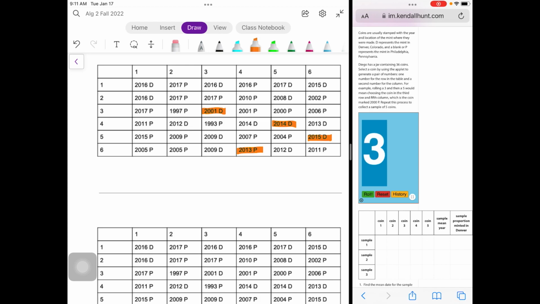Row 4, column 4. All right, so now we're going to record those.